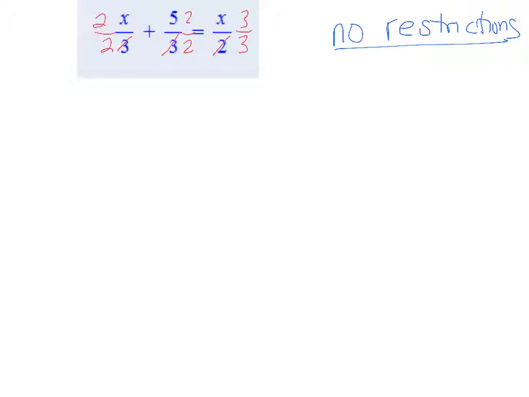So what this first fraction will turn into then, and I'm multiplying here, is 2 times x over 6. So 2 times x over 6 is going to look like this. For my second fraction, when I multiply, I'm going to have 5 times 2 over 3 times 2.